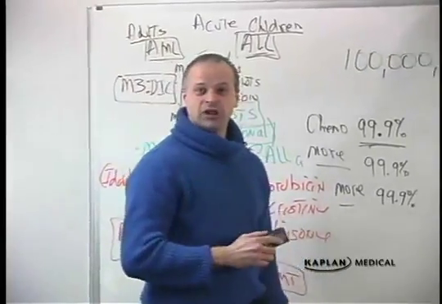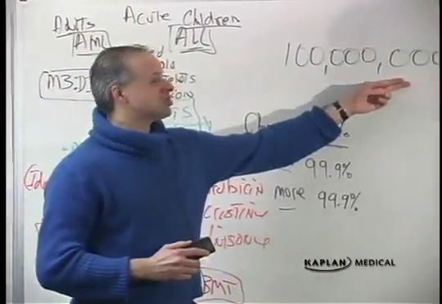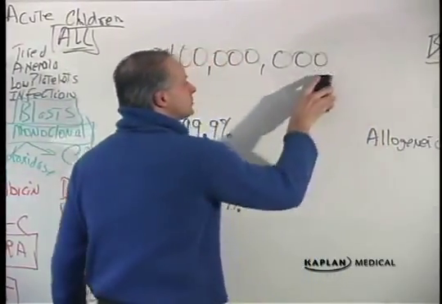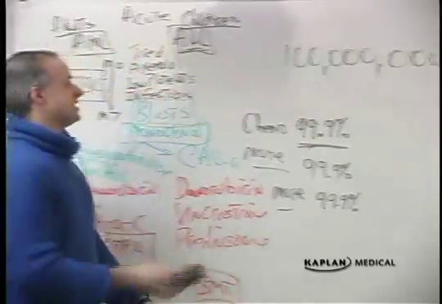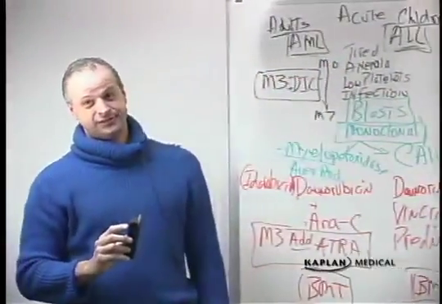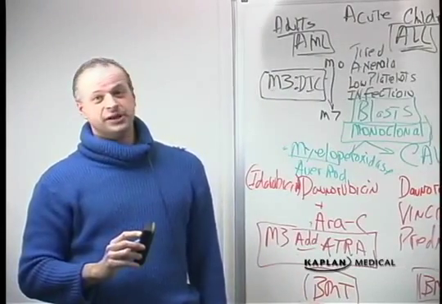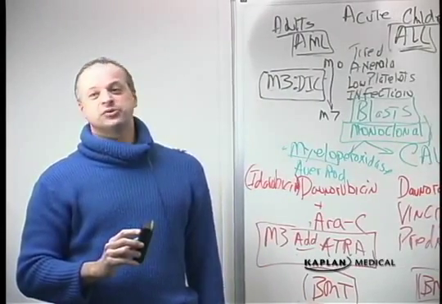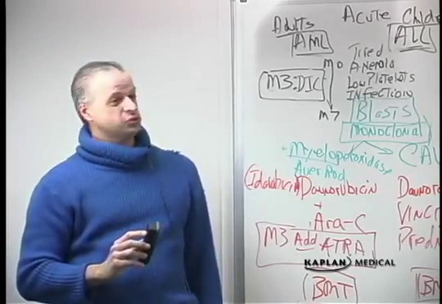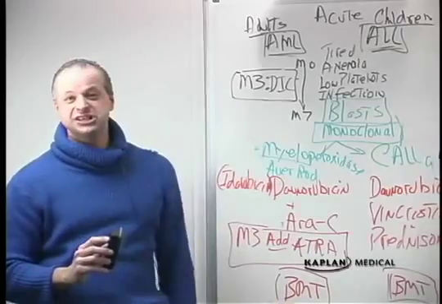Seems like a small number until you realize where we started out. We remove 99.9% of the cells, but maybe that leaves us with 100 million leukemic cells still. They're just not in the peripheral blood. Look at the population of the world, 6 billion. If you had 100 million of somebody, you could squeeze them all into one country and never see them in New York City.